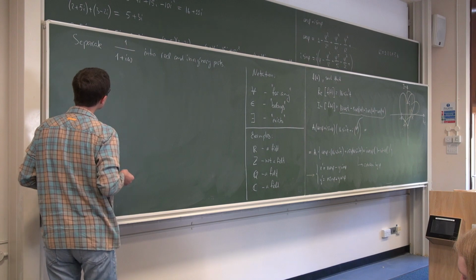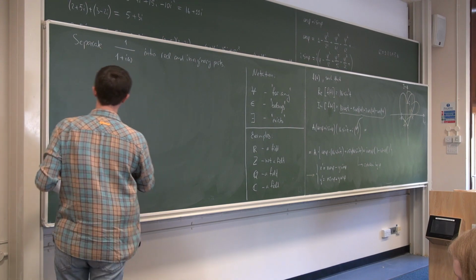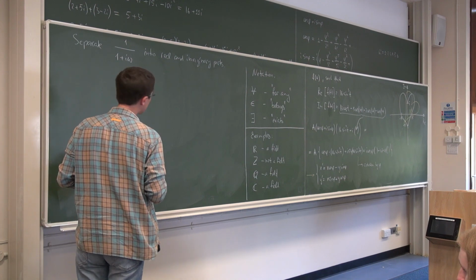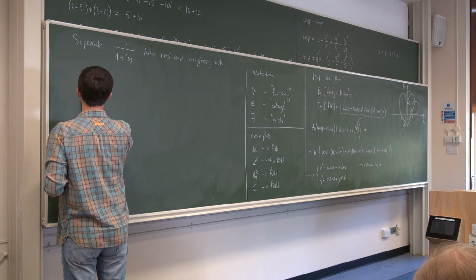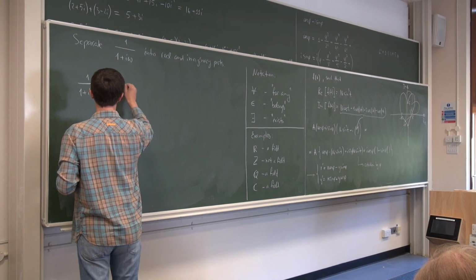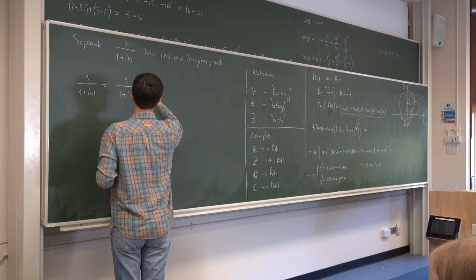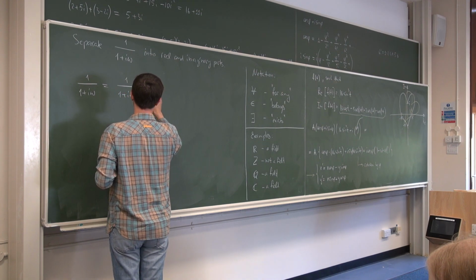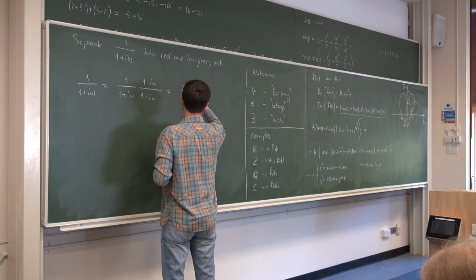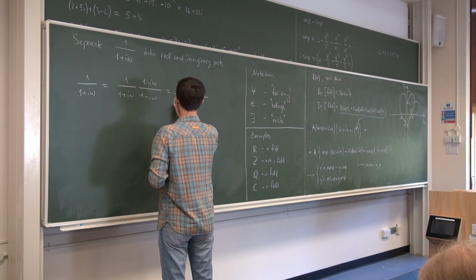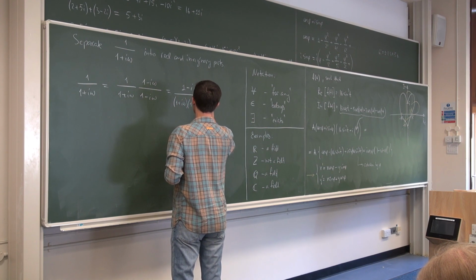Okay, well, we do it in the same way as what we did for the fractions. That's a simple fraction. So we multiply and divide by the conjugate of the denominator. So 1 over 1 plus I omega equals 1 minus I omega over 1 plus I omega times 1 minus I omega.